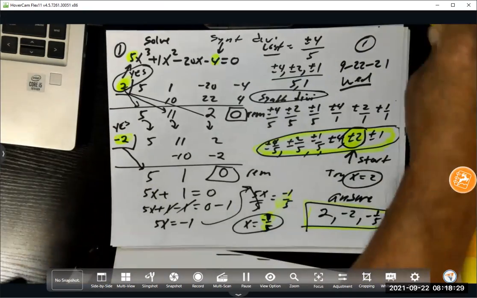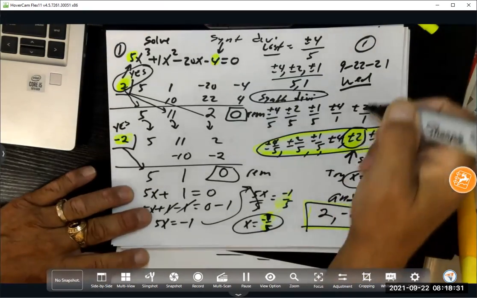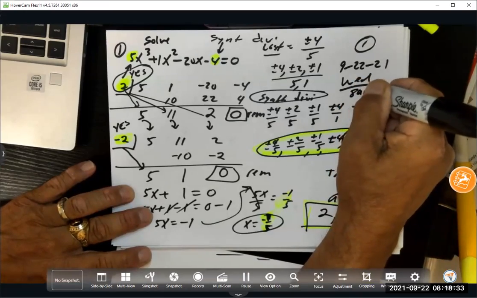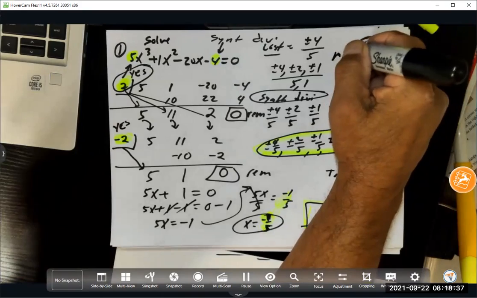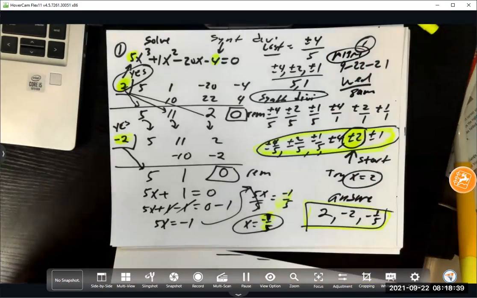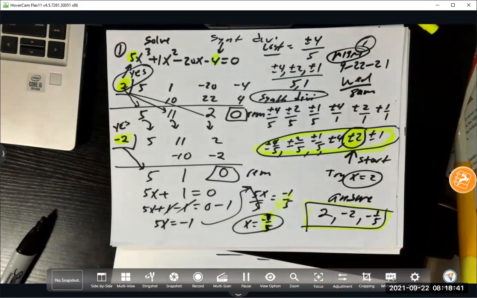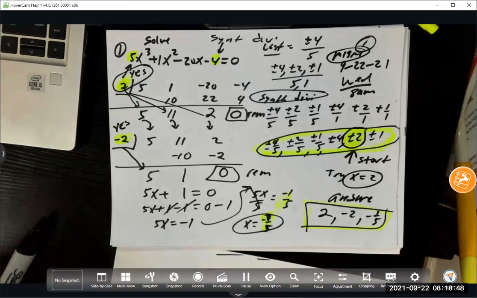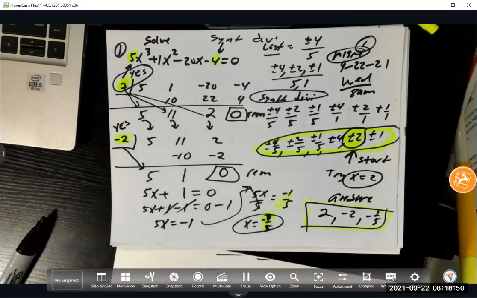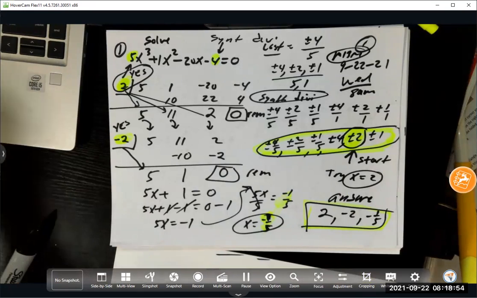Okay, I'm going to do it again. Same question. I'm just going to change the numbers, okay? This is math 13, 14. I'm going to do number one again. Same problem, we just make up new numbers.